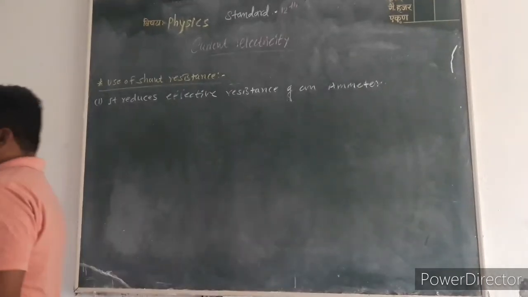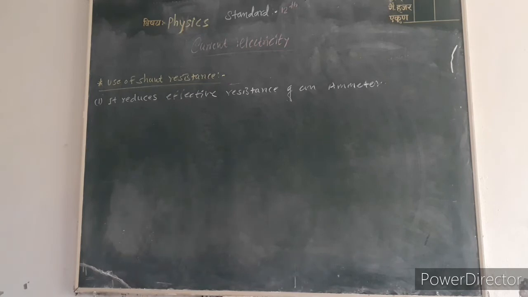This is the first function of shunt, to reduce the effective resistance of ammeter.